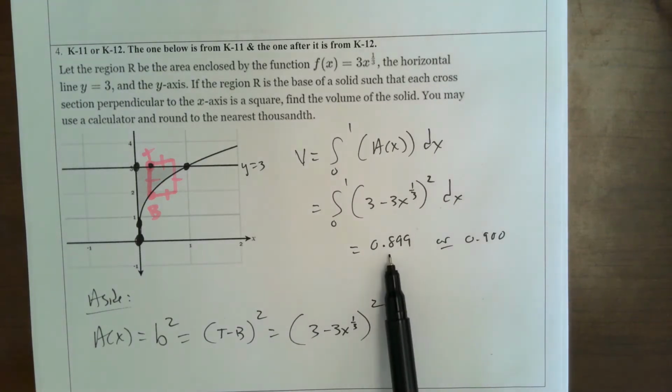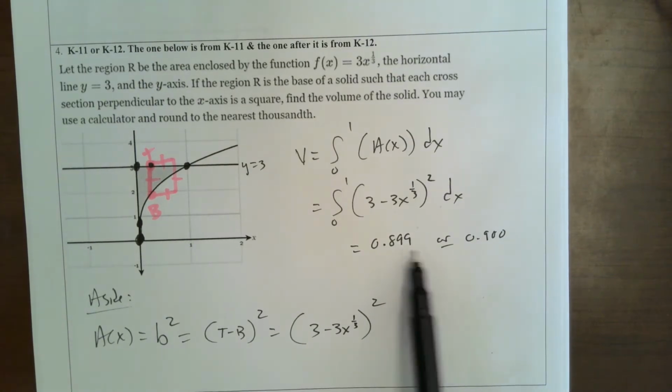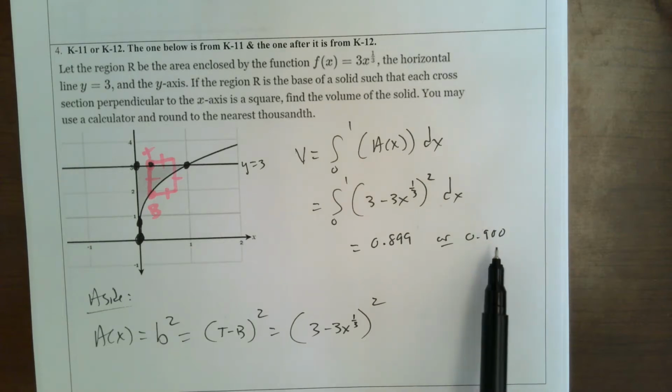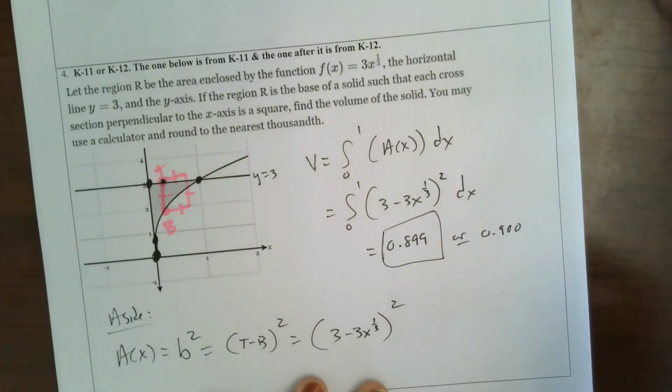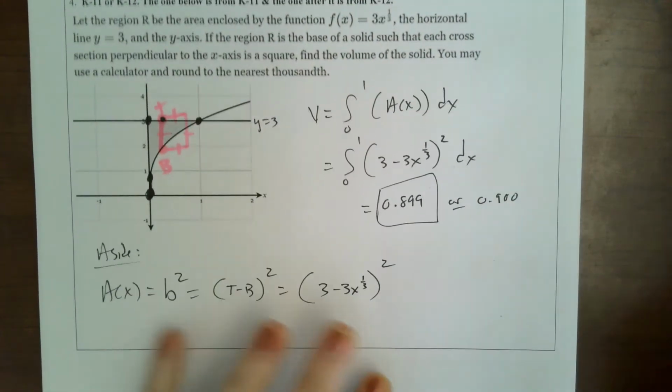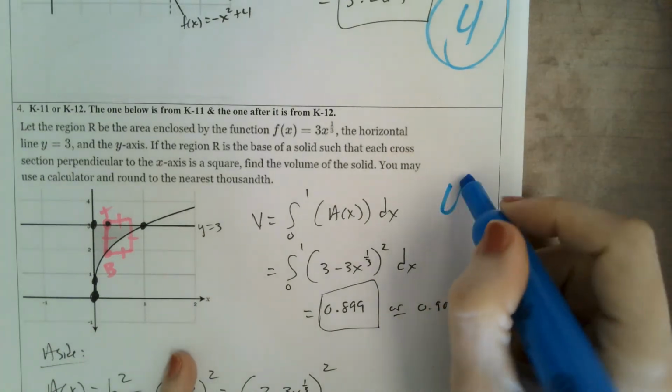The answer your calculator gives you is 0.899999999, so that is either going to round down, where you just cut it off and don't do anything with the 9s, or you can round up to 0.900. I guess I'll use this one, and there's that. Okay, so that is also a 4-point problem.